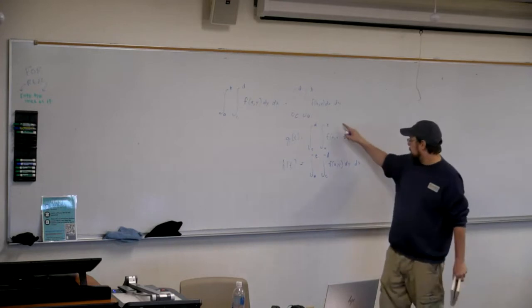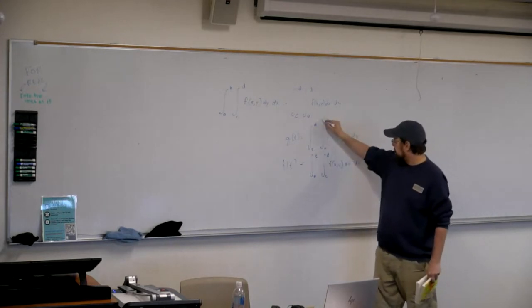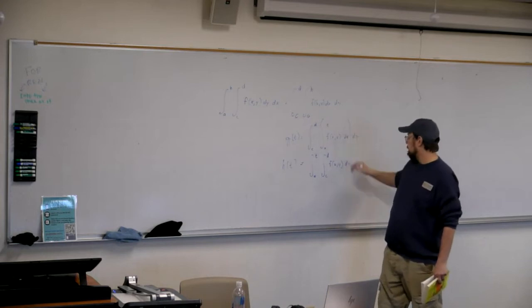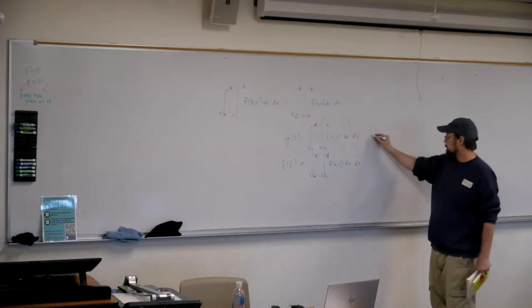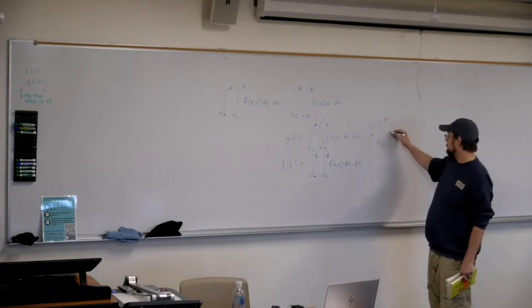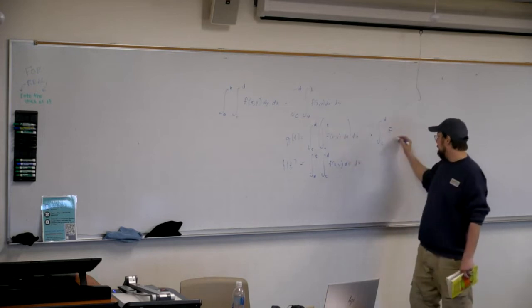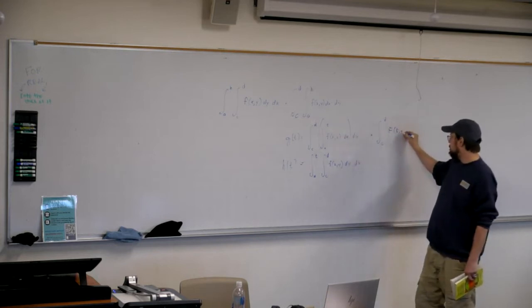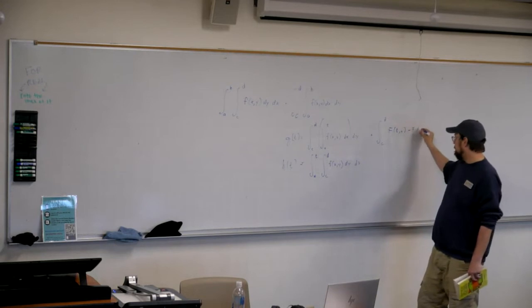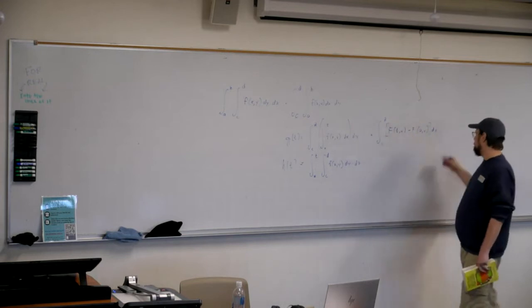So we can do the fundamental theorem of calculus here. We'll call this big F the antiderivative with respect to x, at the upper bound minus big F at the lower bound.